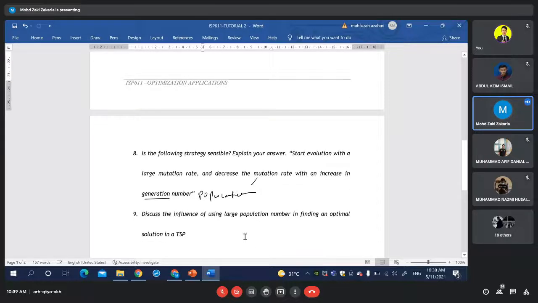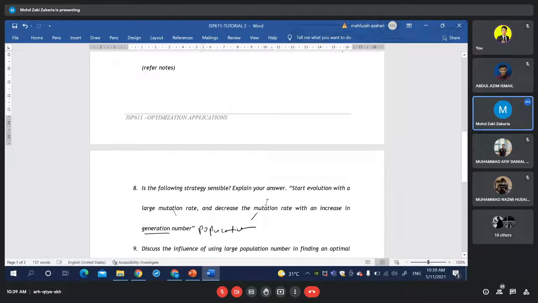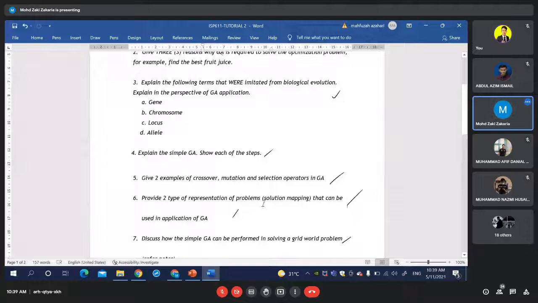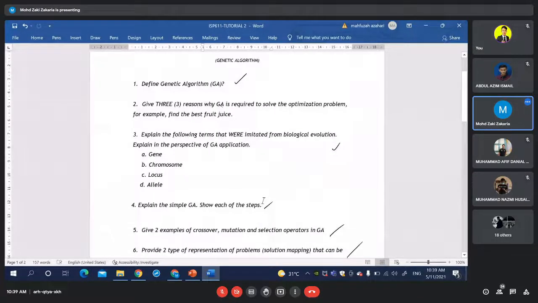Discuss the influence of large population number on finding the optimal solution in TSP, traveling salesman problem. I think we have discussed already all this issue, so you can express based on your own style how to answer all these questions.